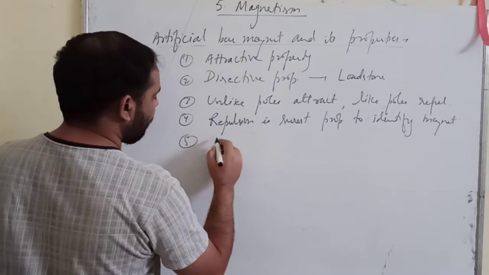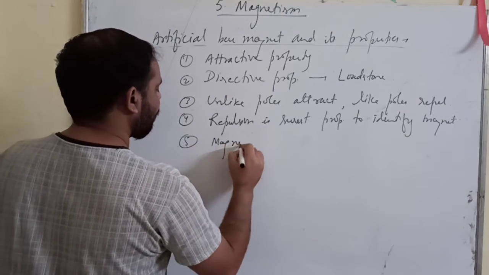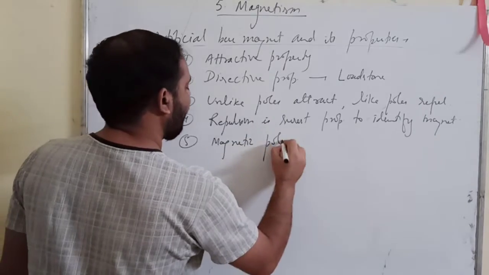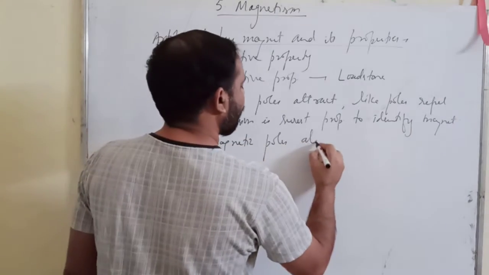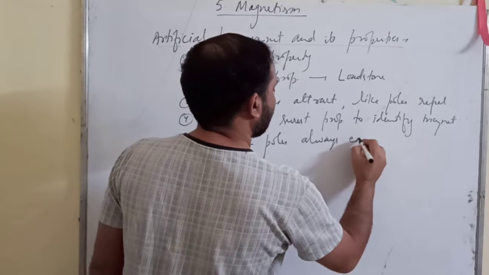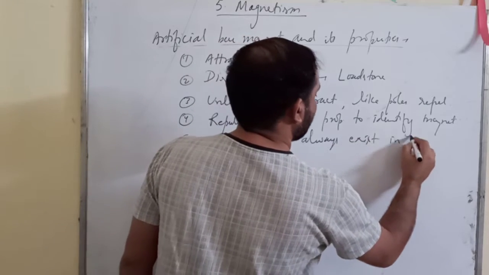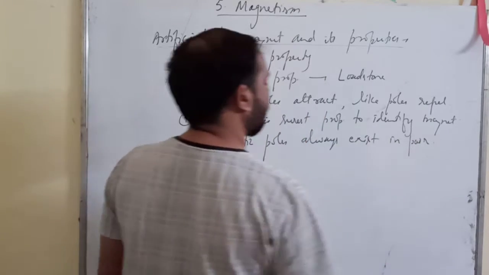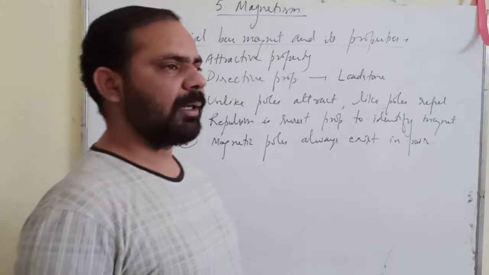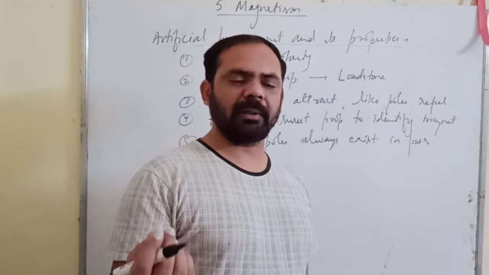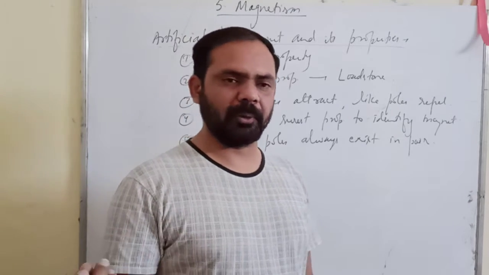Fifth is magnetic poles always exist in pairs. You cannot have a north pole alone or a south pole alone.